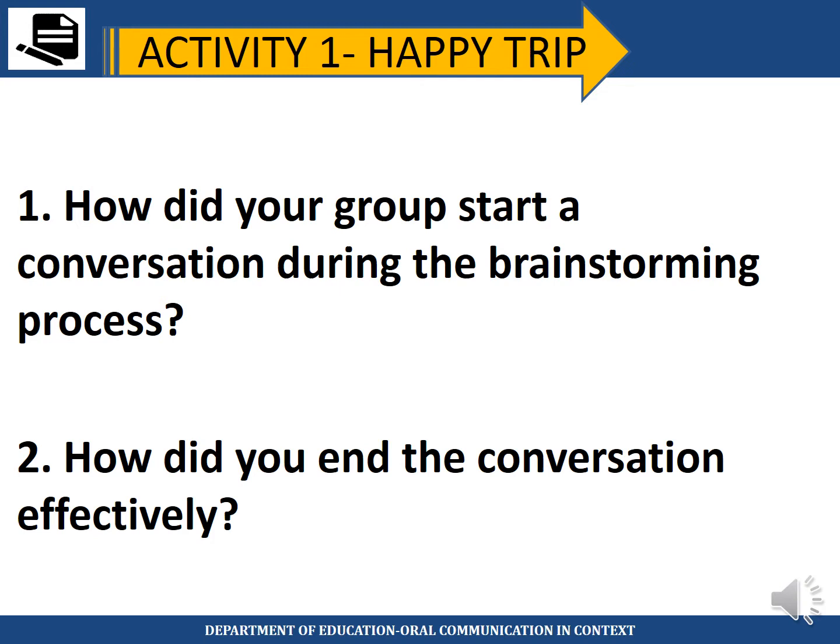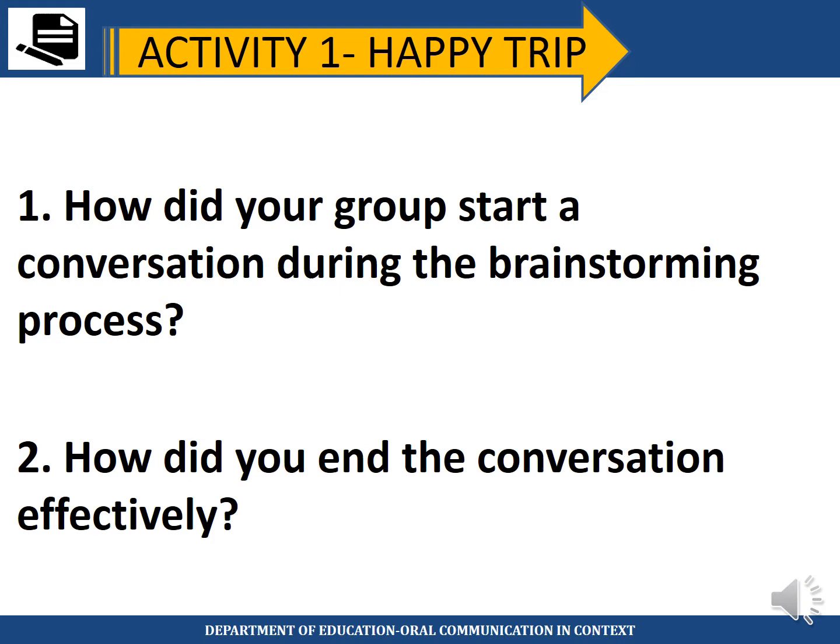Before you list down your specific beautiful tourist spot in your locality, try to answer first these questions from Activity 1 during your imaginary brainstorming session. Number 1, how did your group start a conversation during the brainstorming process?